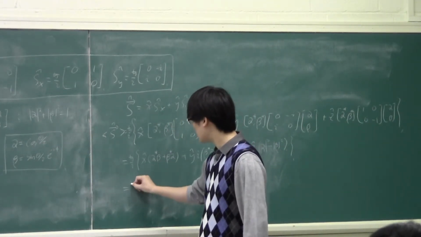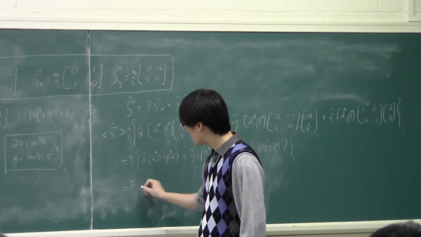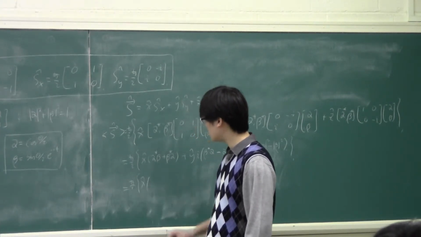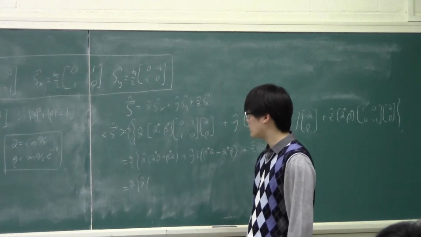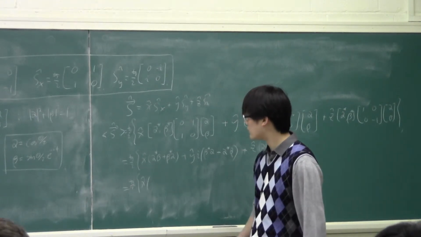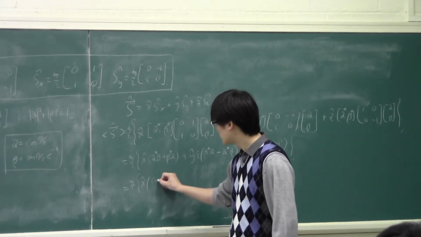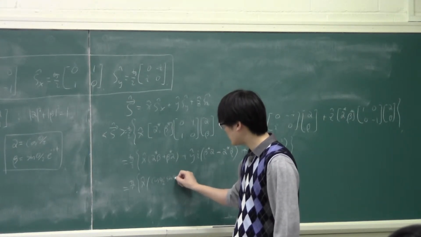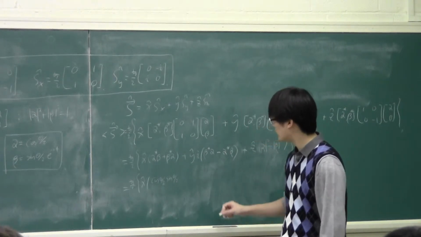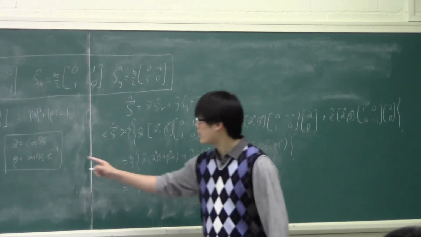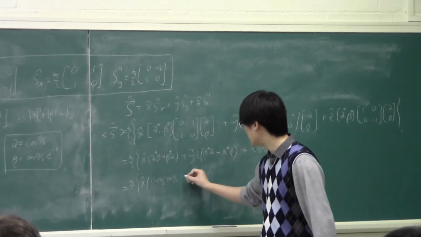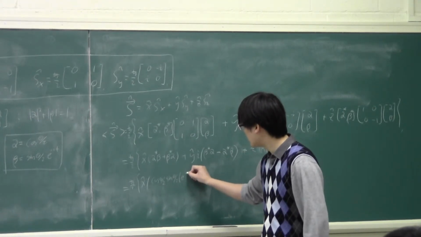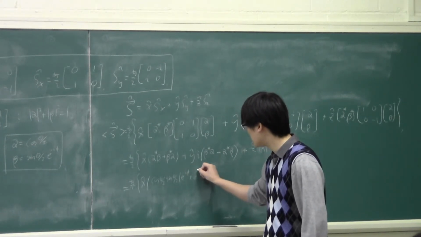So in the x direction, let's carry out the algebra. We will have cosine theta over 2 sine theta over 2, times e to the i phi plus e to the minus i phi.